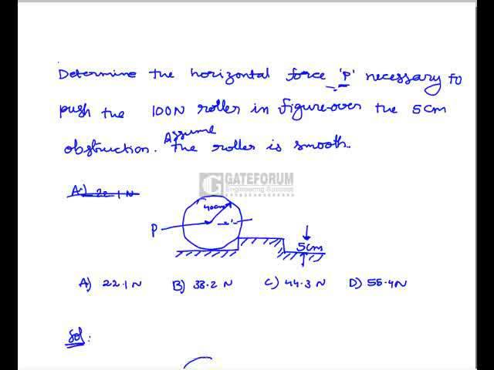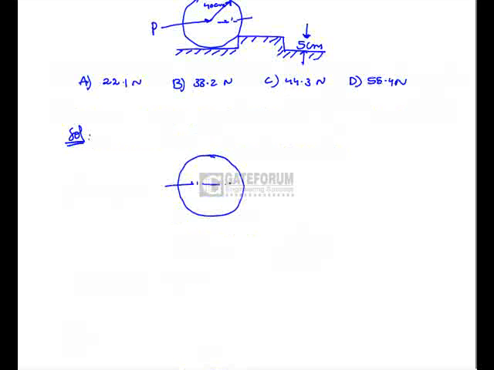So the free body diagram of the roller is like this. First, we have to consider the weight of the roller, and there is a pushing force of P in the horizontal direction, and there is no reaction at the ground floor because it starts moving at the point of application.